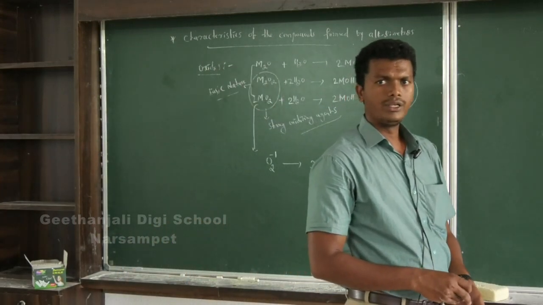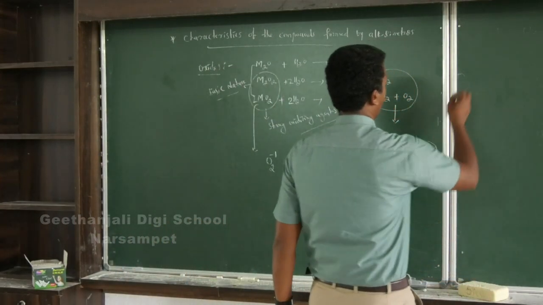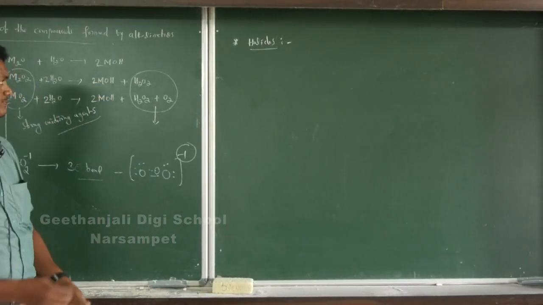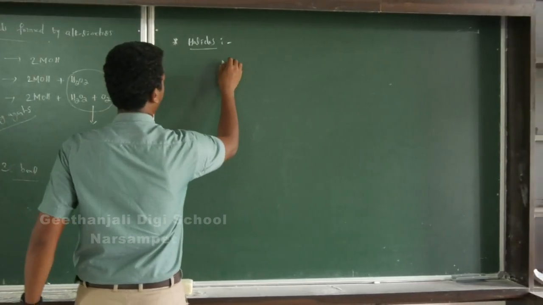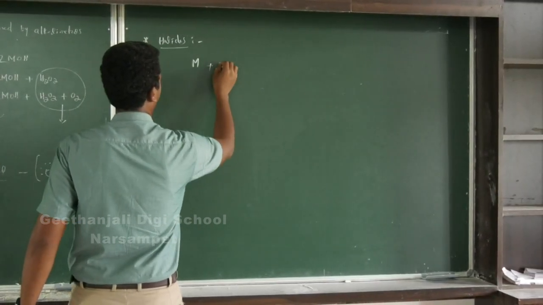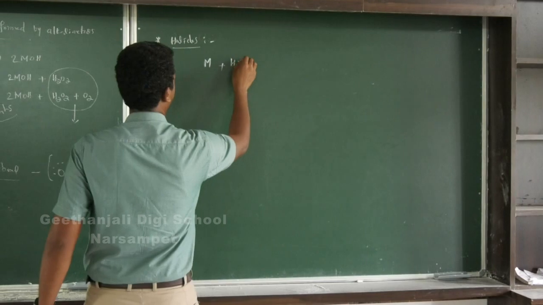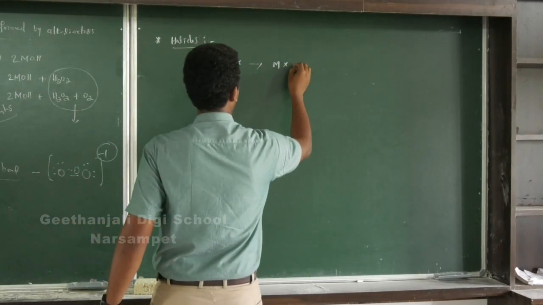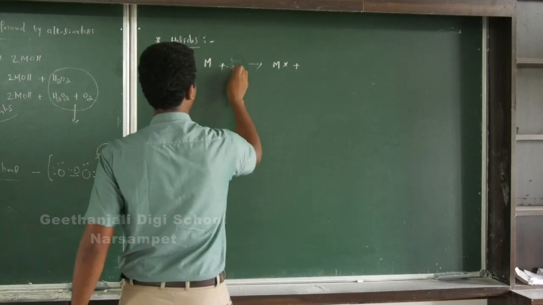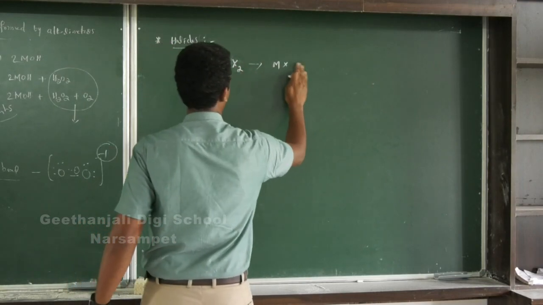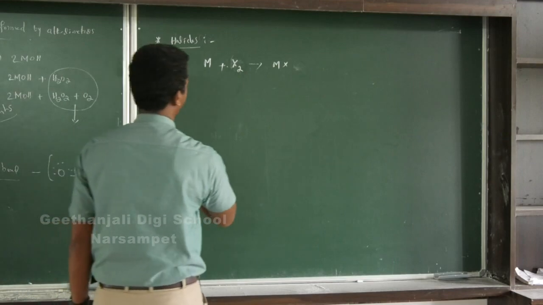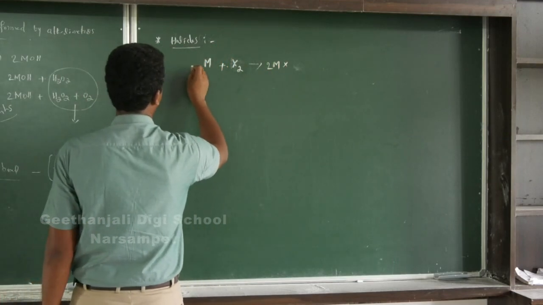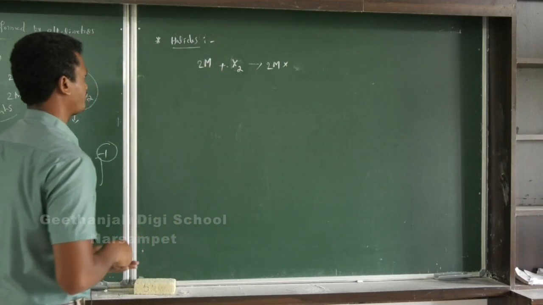Next, important properties of halides. When M reacts with the halogens, it can form MX type of halides, as 2M plus X2 gives 2MX.